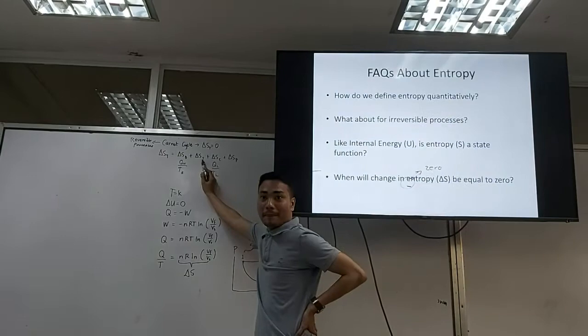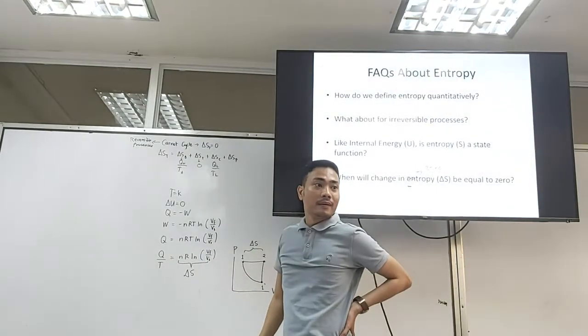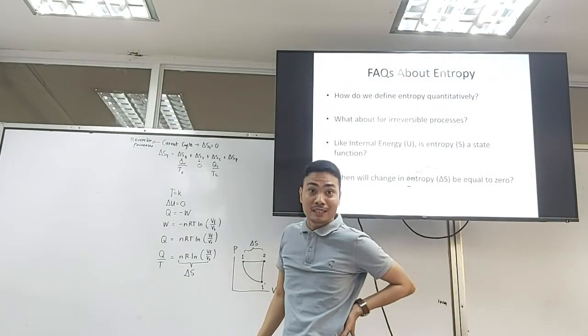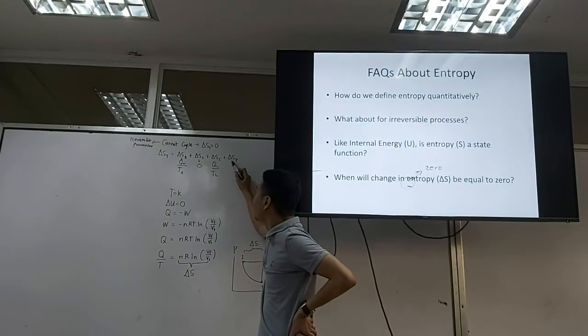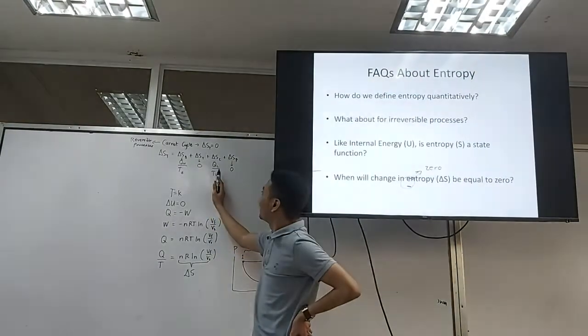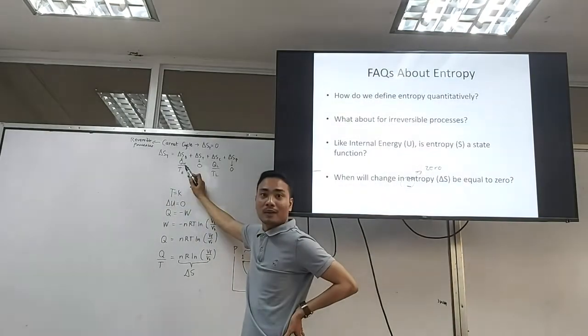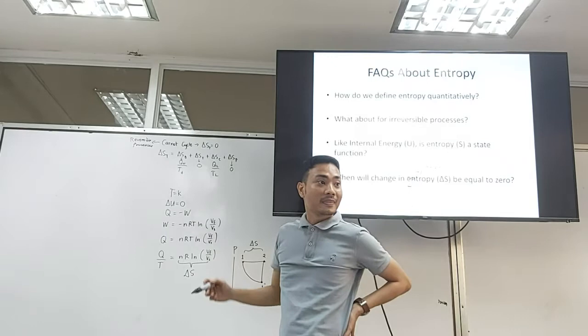Ano yung sa turbine? Bakit 0? Adiabatic yun eh. Ano yung sa pump? Oh, you put this sa left side, magiging negative QL over TL is equal to what? QH over TH.